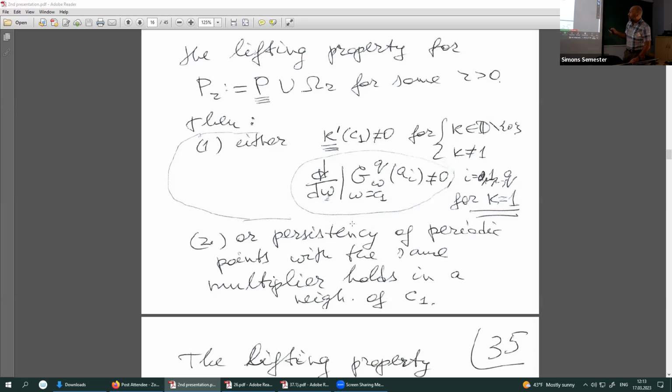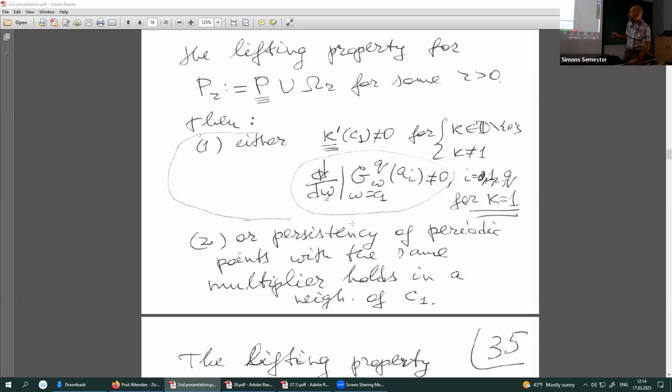But if the multiplier was 1, then of course this function doesn't exist. But then this non-degeneracy condition holds. So it unfolds, I mean, in a non-degenerate manner. Okay, so the derivative with respect to the parameter at C1 is nonzero; both these conditions can be expressed as just one inequality.